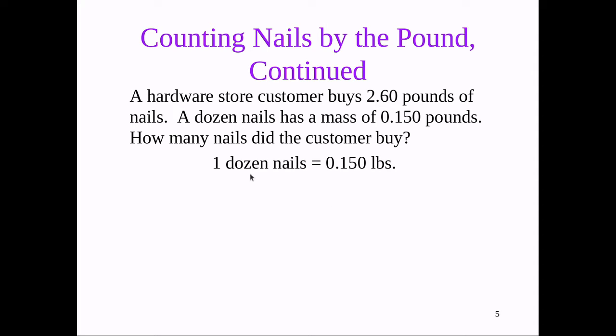So we start off with a fact that's given to us in this problem here. Okay, we know that 1 dozen nails has a mass of 0.150 pounds. So 1 dozen nails equals 0.150 pounds. And we know that there are 12 nails for every 1 dozen nails.